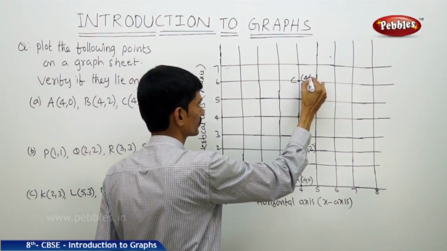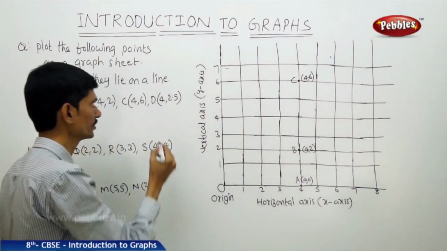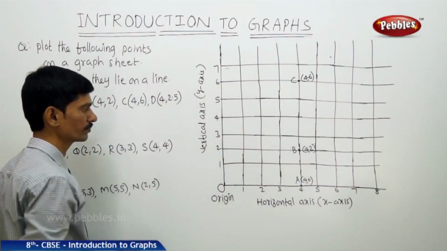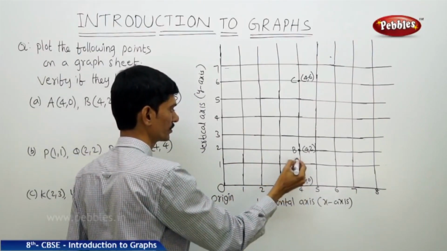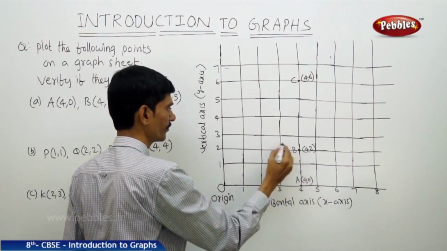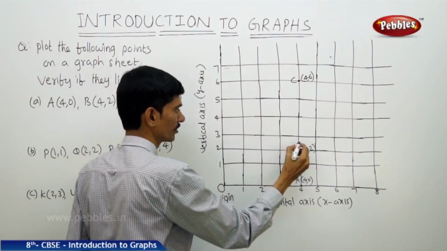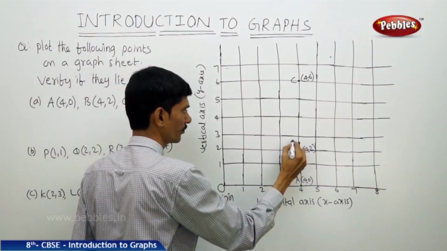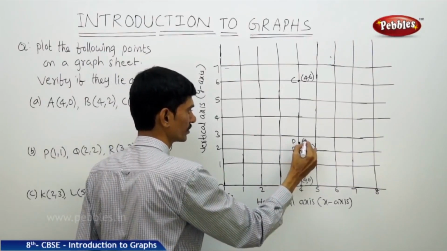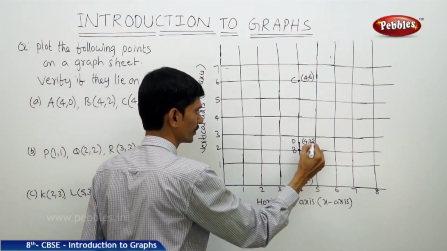4 comma 6, and the next point D, 4 comma 2.5. So on the x-axis 4 and on the y-axis 2.5. 2.5 means between 2 and 3, the midpoint of 2 and 3. So this is the point D, which is 4 comma 2.5.